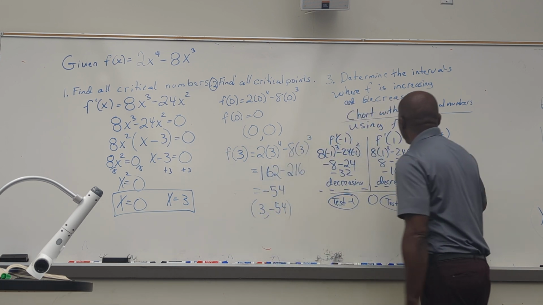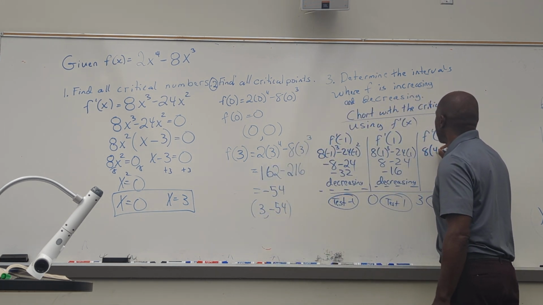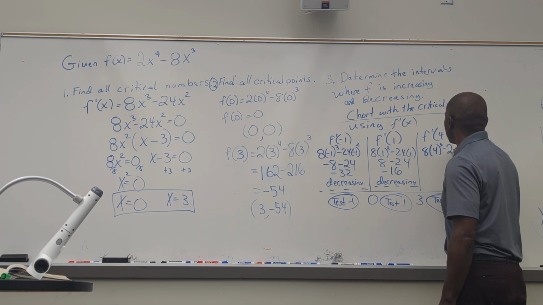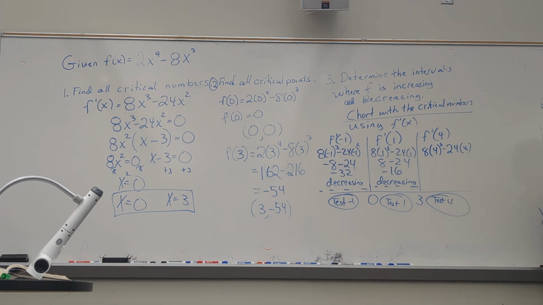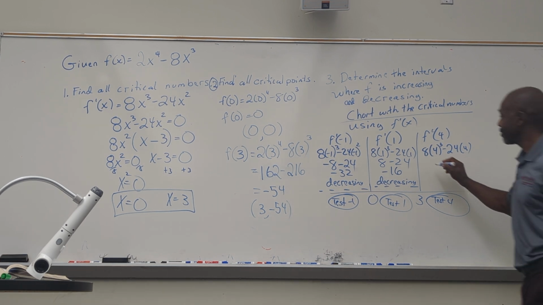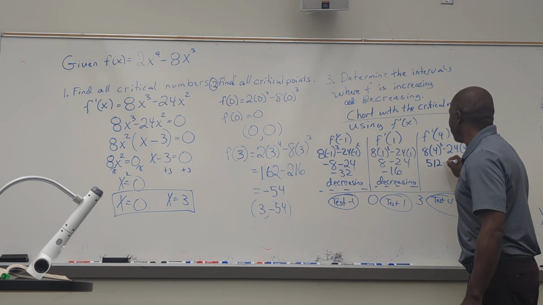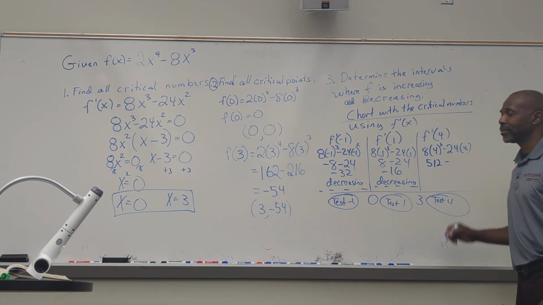And if I put in 4, I have 8 times 4 cubed minus 24 times 4. And 4 cubed is? 4 times 4 is 16, times 4? 64. 64 times 8? So that's 512 minus 4 times 24?